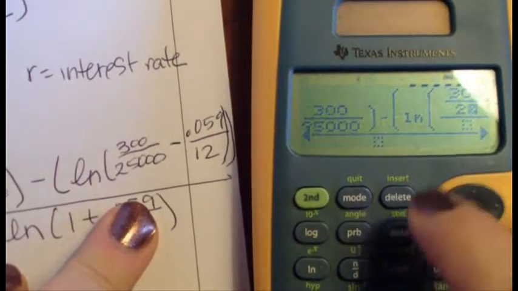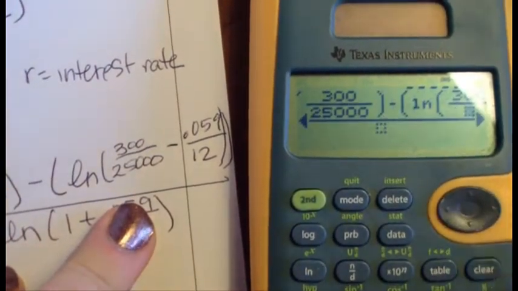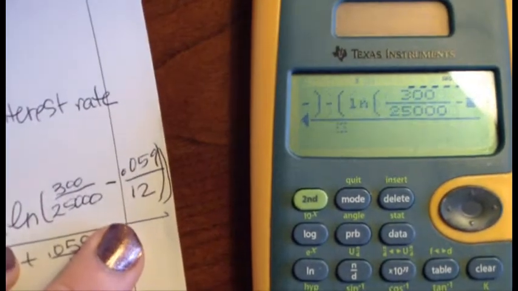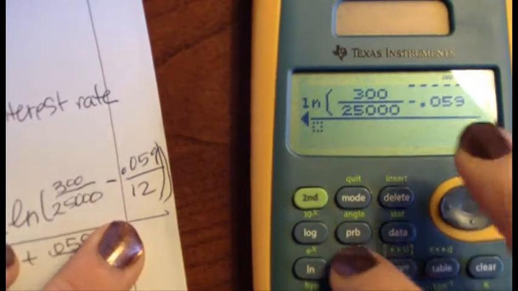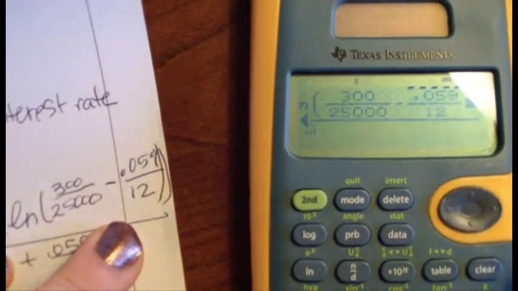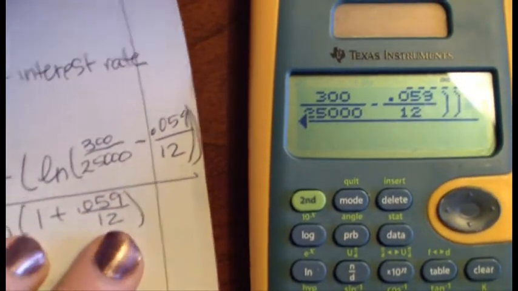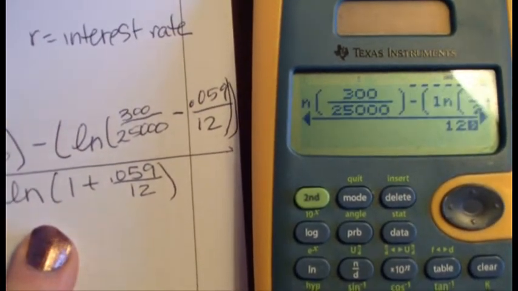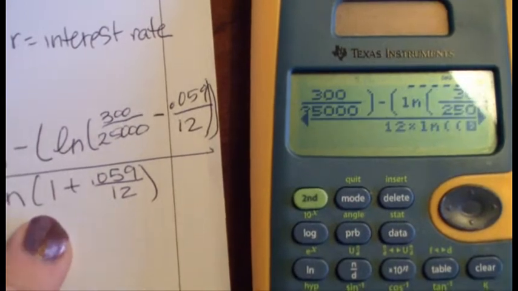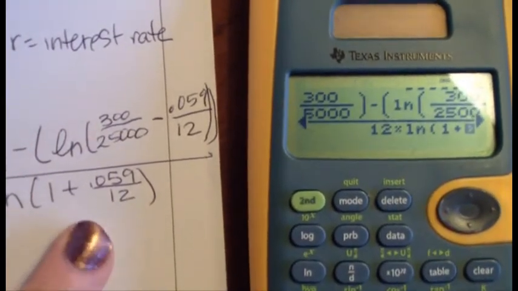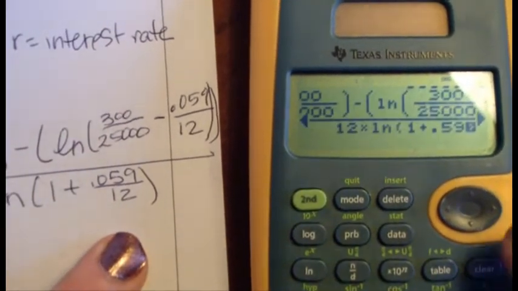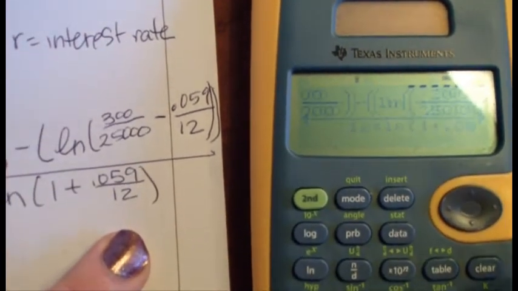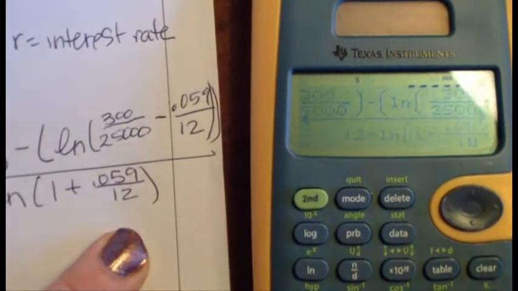Oops, I put in too many fraction bars. 25,000 minus 0.059 over 12. Close parentheses twice, otherwise it's going to give you an error message. 12 times the natural log of 1 plus 0.059 over 12.